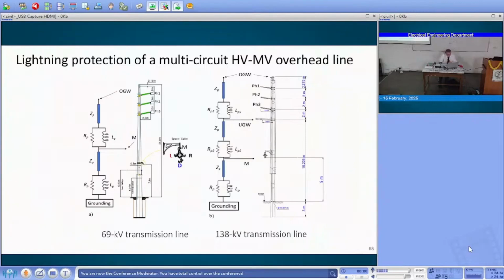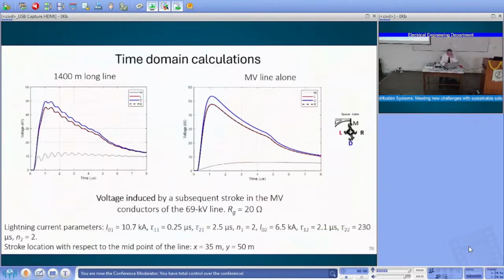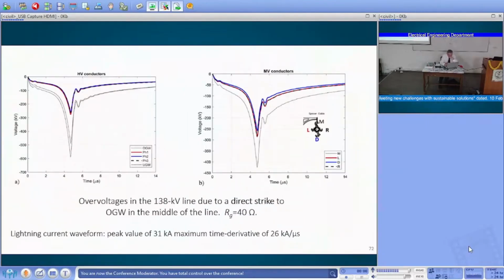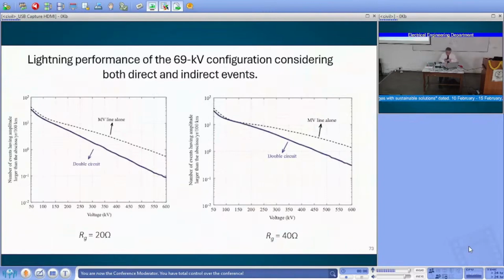So in a project we have tried to estimate the lightning performance of this type of lines, that is a combination of lines, and we have seen that in general the medium voltage line is more protected when it is installed in the double circuit line with respect to the case in which there is the medium voltage line alone.